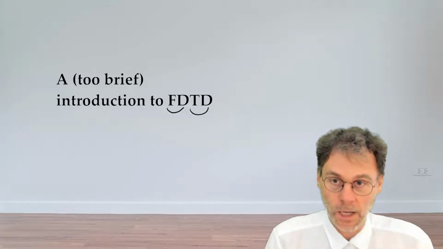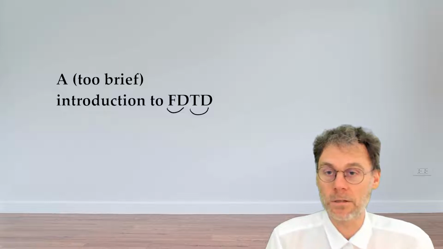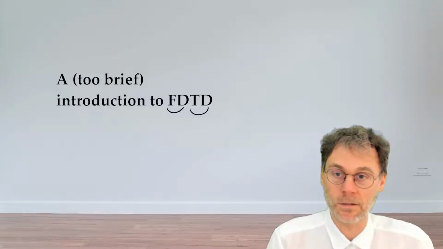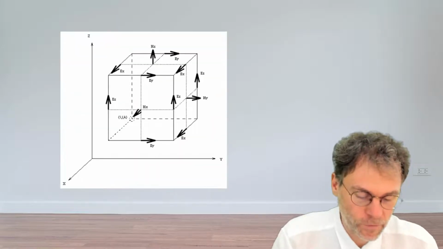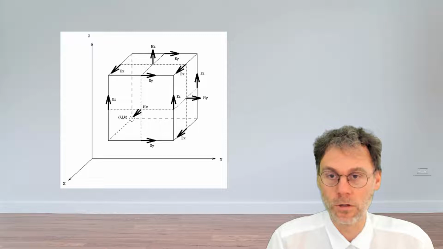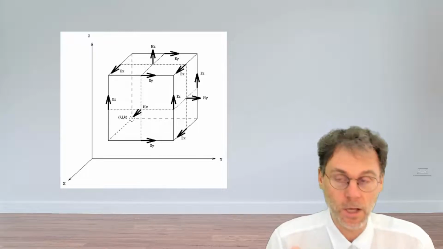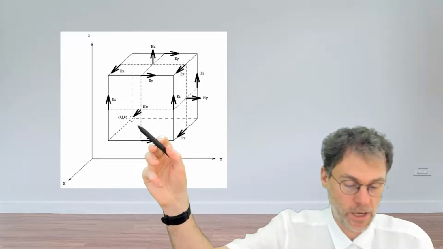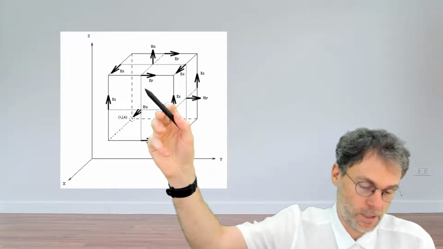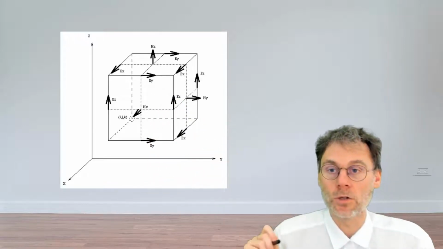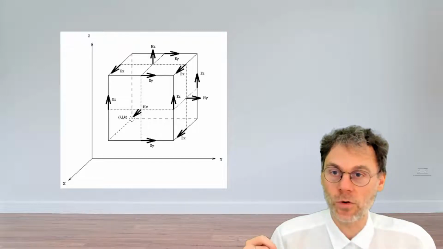There are some nice peculiarities about this method, specifically related to the fact that they're fully vectorial. And that is that you don't really calculate all the field components at all the locations in space. So if you look over here, you're calculating Hx, for example, and then over there you're calculating Ey. So why are they arranged in such a strange way?